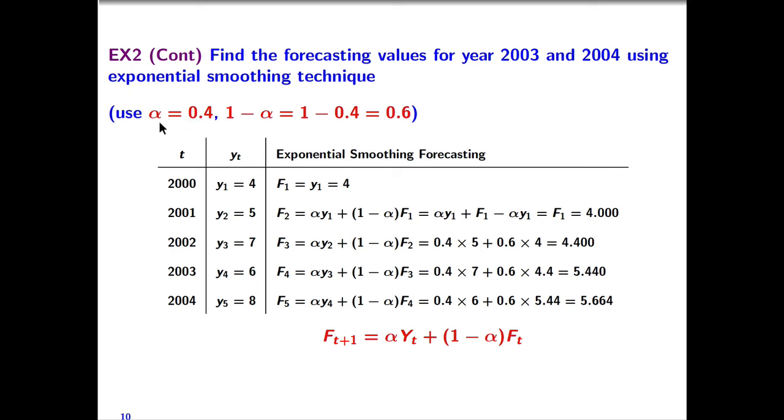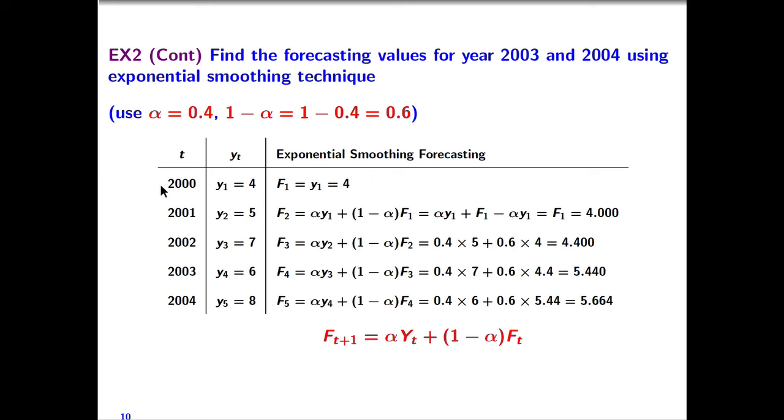So for alpha equals 0.4, 1 minus alpha is equal to 1 minus 0.4 equals 0.6. Keep in mind, we need to use this equation 17.2 to solve the problem.